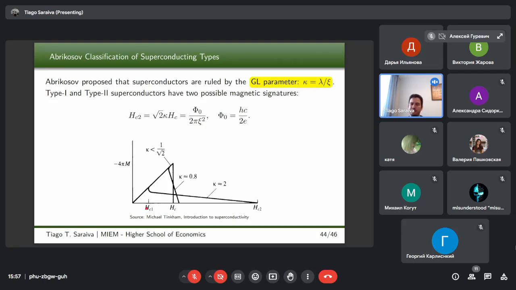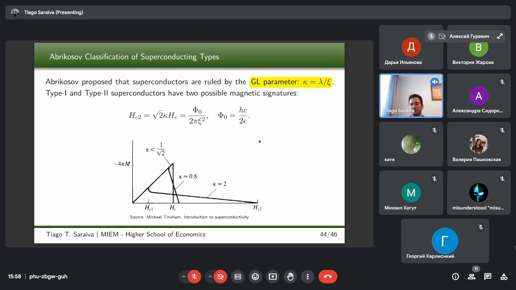So in this theory, if you look at the magnetization, let's look at the equation for magnetization. Inside the superconductor, you have a magnetization. Let's put it like this: magnetization equals minus.